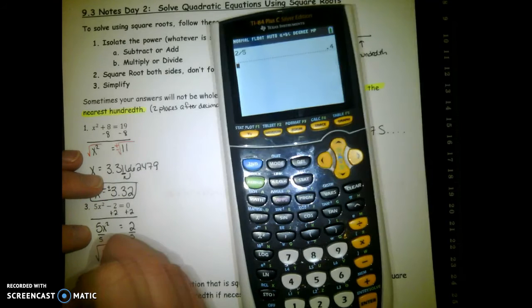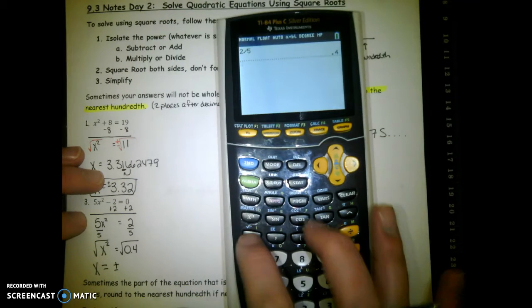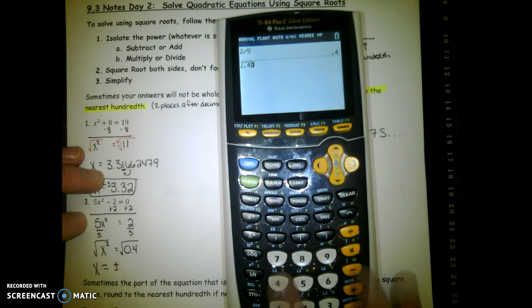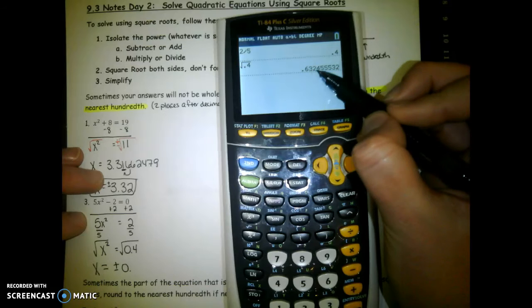Our next step is to square root both sides. Can't forget about the plus minus. The square root of 0.4, and again we need to round to 2 places after the decimal, so I've got 0.632. The 2 is 4 or less, so don't mess.